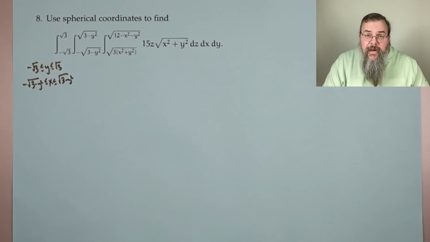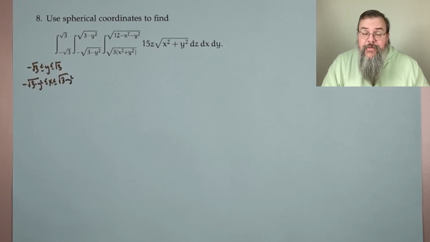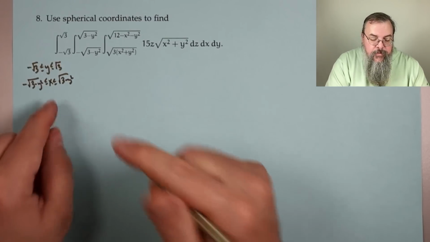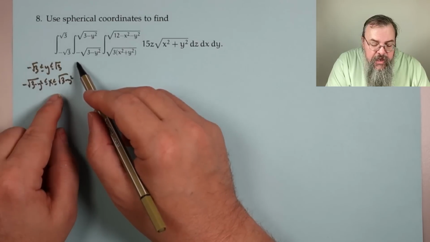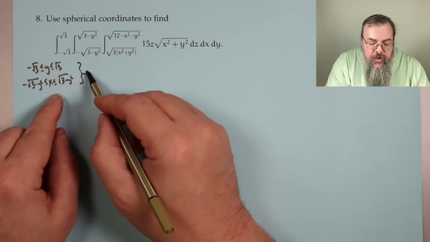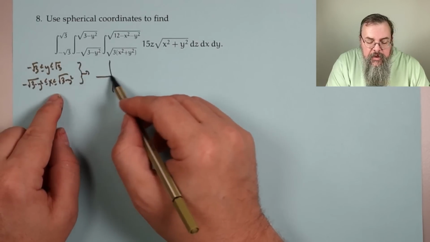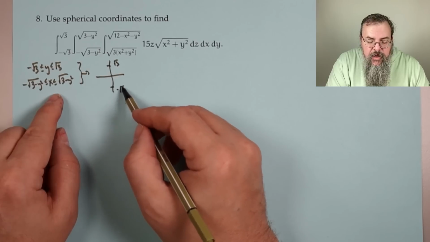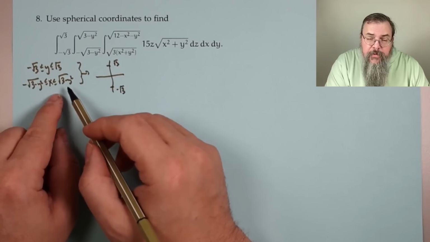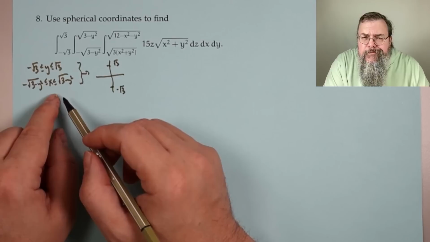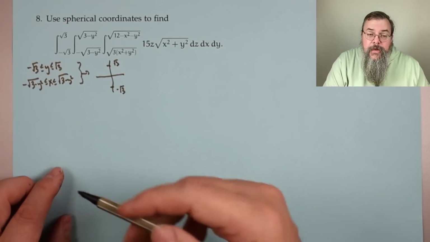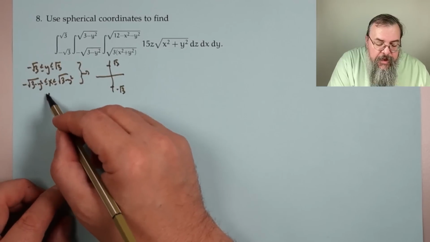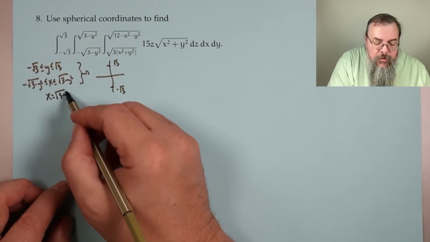Now, let's just pause here and think about this portion. When we sketch this, we're in the xy plane, so we have root 3, we have minus root 3, and then we have these surfaces, or sorry, these curves. What are they? Well, we can solve for one, right? x equals positive root 3 minus y squared.